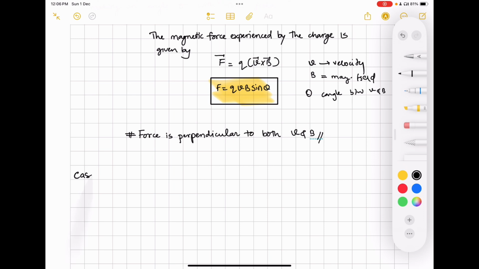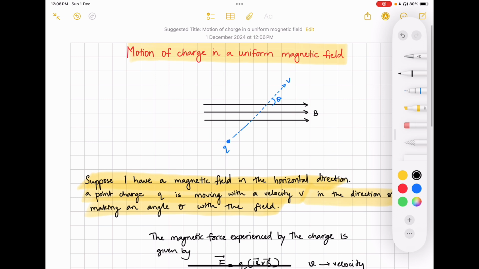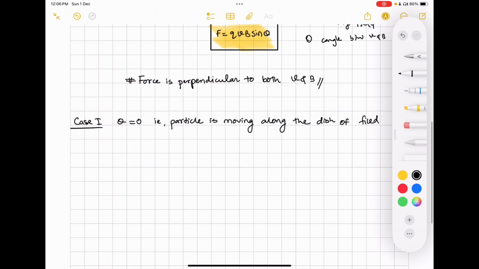Let's consider the first case where theta is equal to 0. That is, the charge is moving along the direction of the field, so the angle made with the magnetic field is 0.